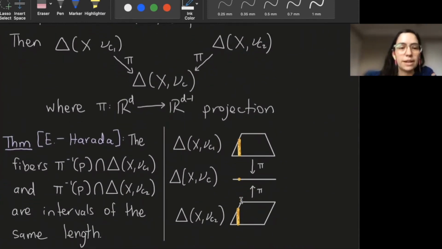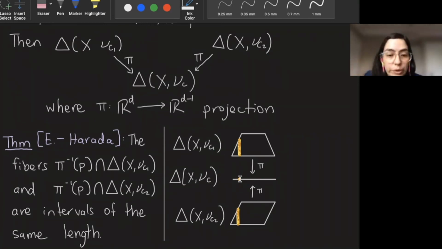So what Megumi and I proved first, and this was the harder part of the result, is that if you look at the fibers under these maps, then they're intervals of the same length. Okay. So here is the picture of what's going on. Let's suppose that this is a Newton-Okounkov polytope for the valuation corresponding to the cone in the intersection.